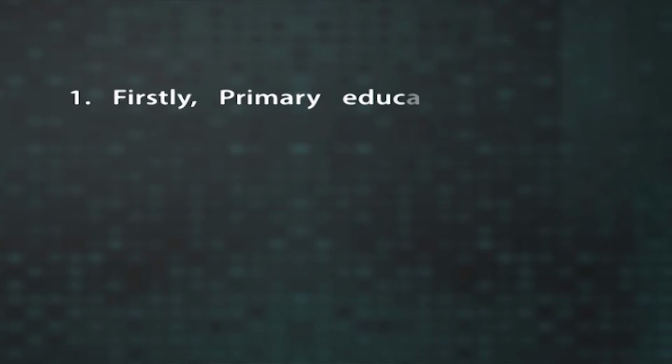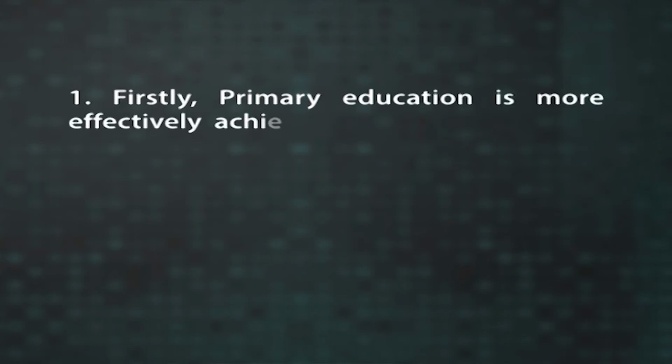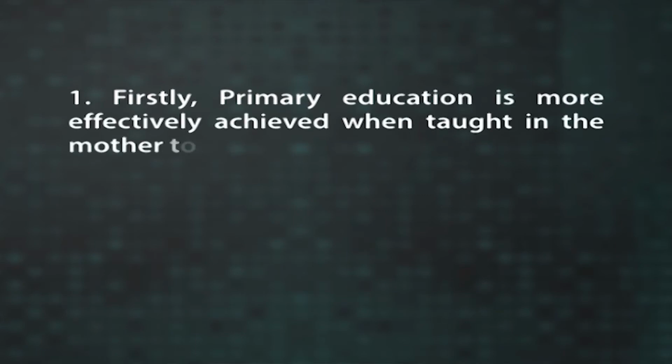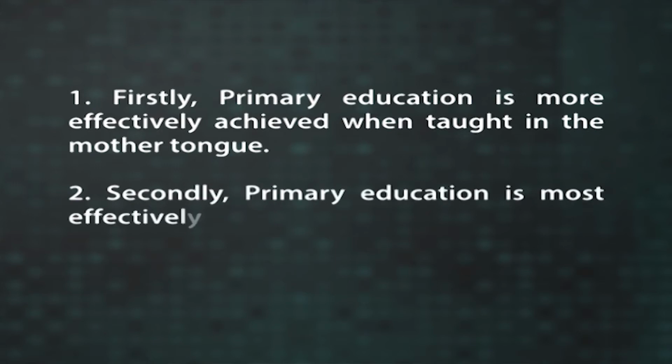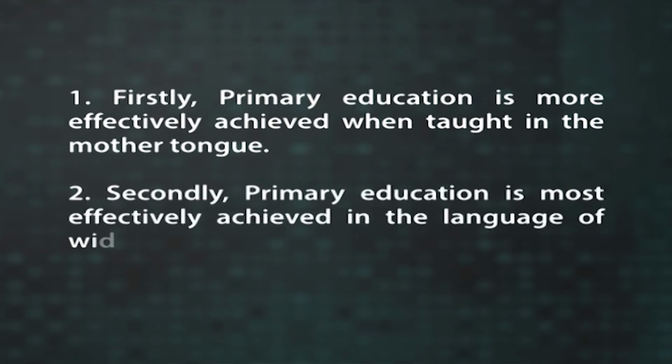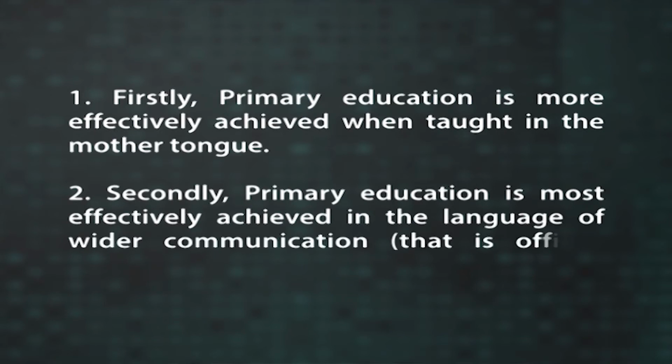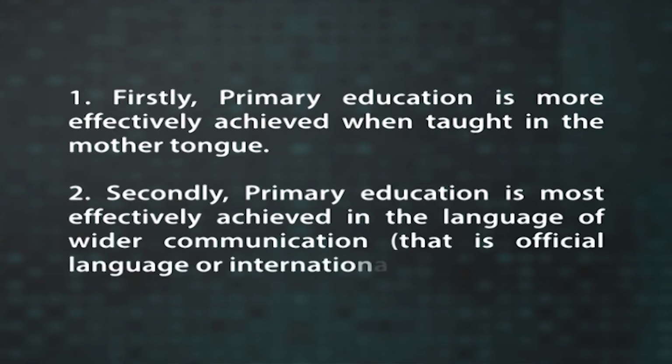Firstly, primary education is more effectively achieved when taught in the mother tongue. Secondly, primary education is most effectively achieved in the language of wider communication, that is, official language or international language.